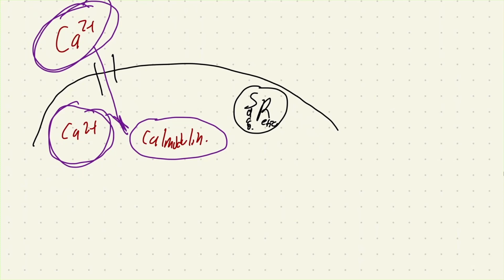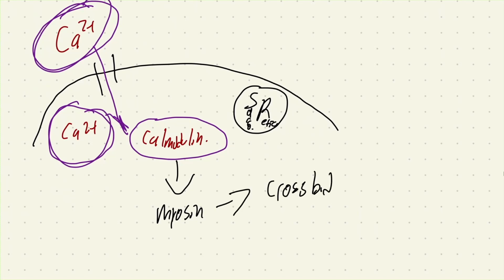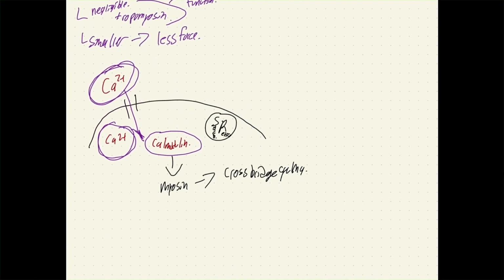Calmodulin activates the myosin, and that allows for cross-bridge cycling. This is the main difference, but if we go deeper into the cycle, this is basically what's happening.